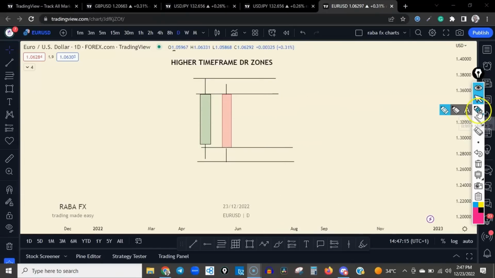Now, in my previous video, I talked about the DR levels for the lower time frame, which was brought to light by the master, and I also showed you how to blend it with ICT concepts. In this case, we are going to look at the higher time frame DR zone.